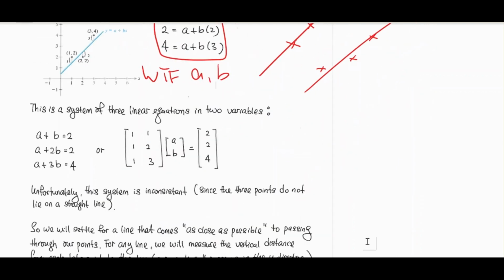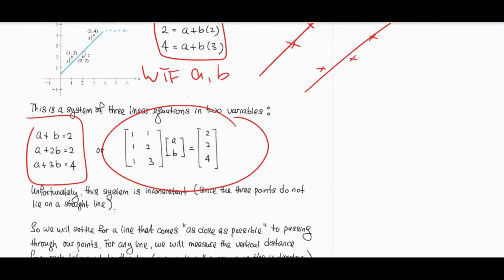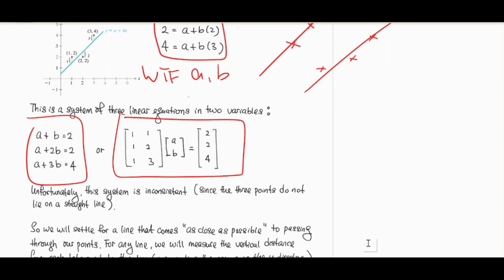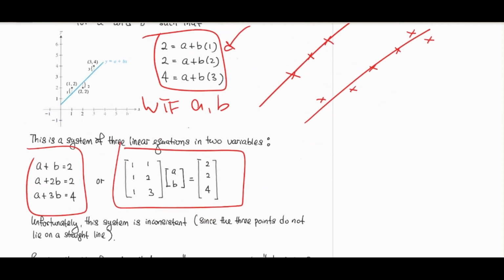And you realize that this is exactly the same as this equation, and you can put it in matrix form like this. And the problem is, this system is inconsistent because, as I said, most of the time, even if theoretically all your data points should be on a straight line, when you take your data, because of error and stuff, they are not on a straight line.